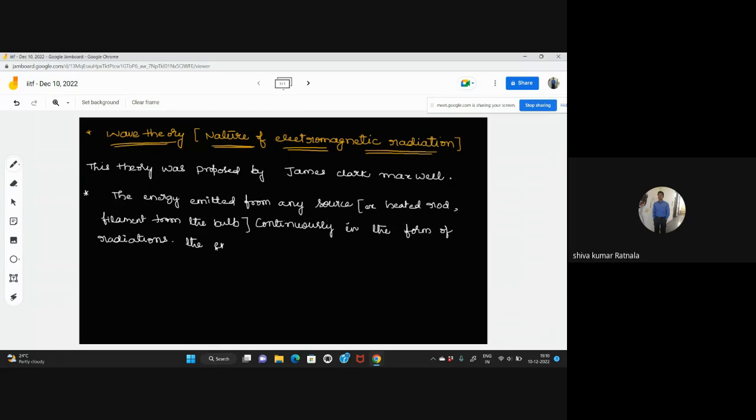And the energy associated with the radiation is called radiant energy.